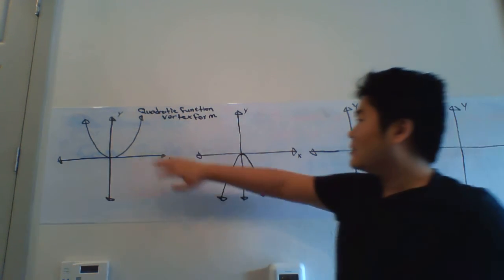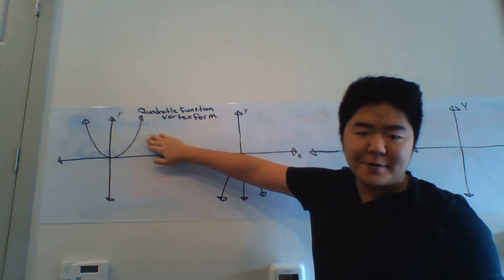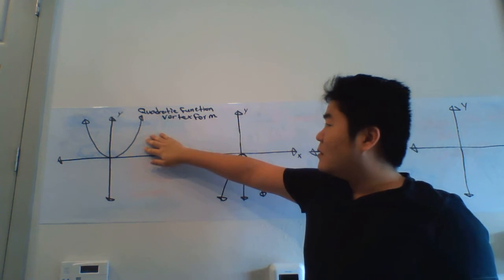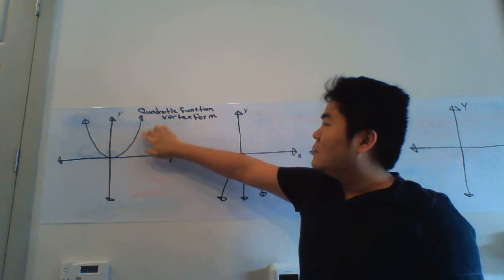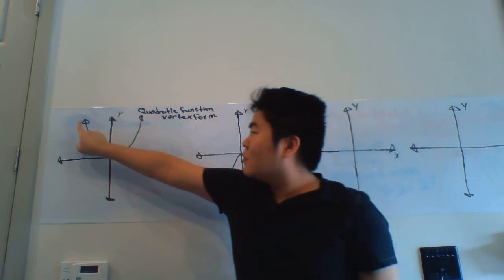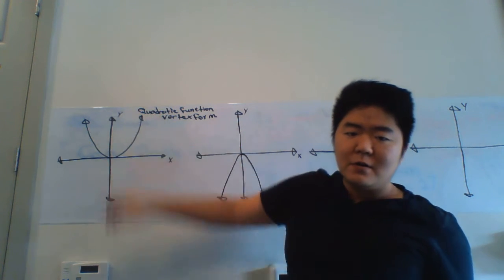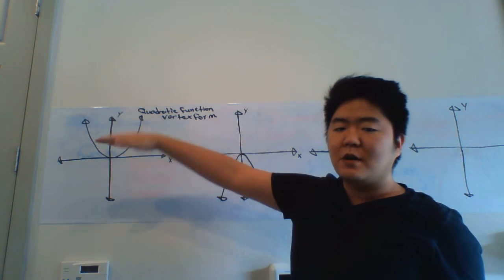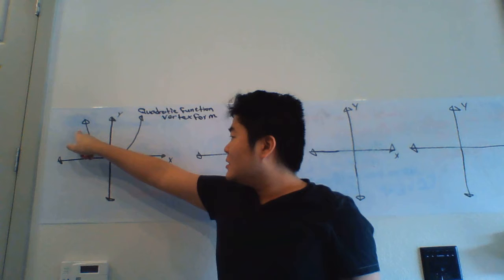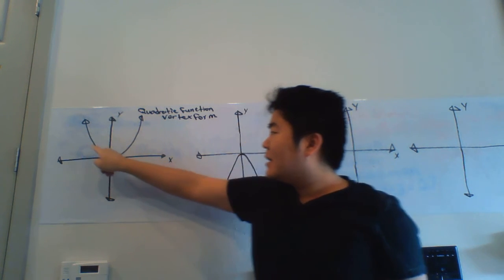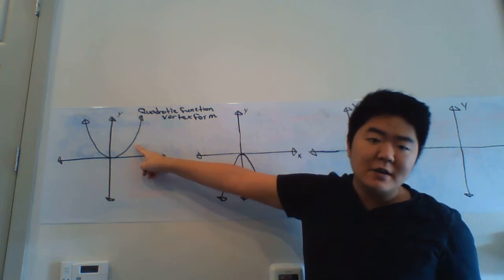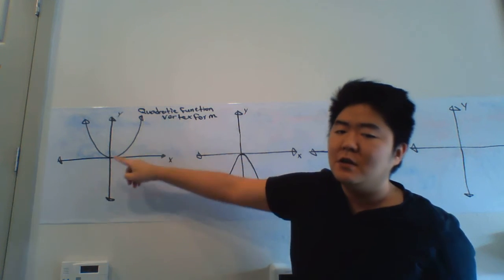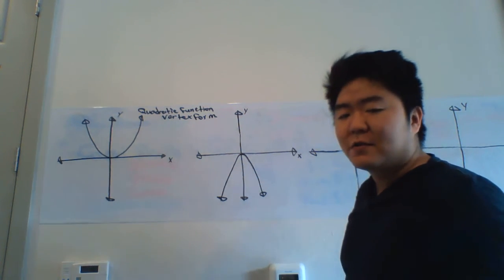As you might remember, quadratic functions will have this kind of U or boomerang looking shape, as opposed to linear functions, which have a straight line. So, what we're looking at is how to write this as a function just by looking at the graph.